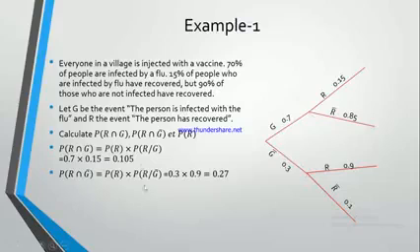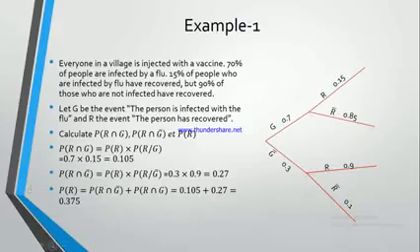P of R intersected with G bar is the probability of G bar times the probability of R given G bar, which is 0.3 times 0.9, and it is 0.27. And finally, the probability of R is the summation of R intersected with G plus R intersected with G bar, and it's 0.375.